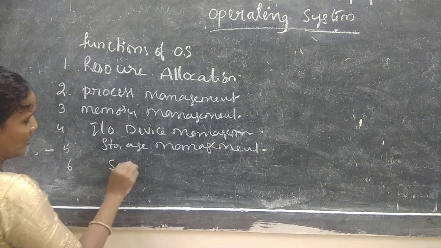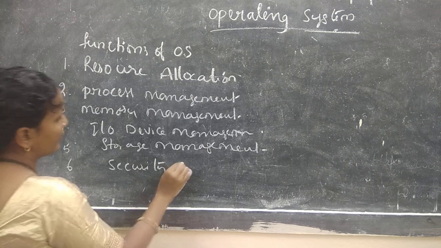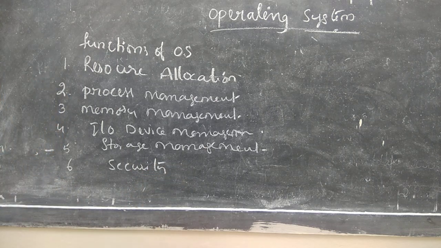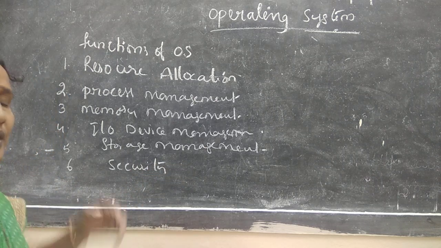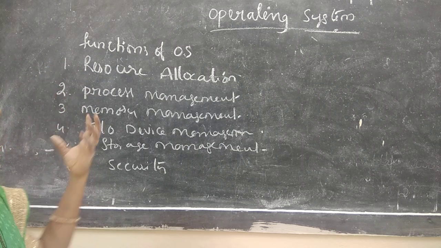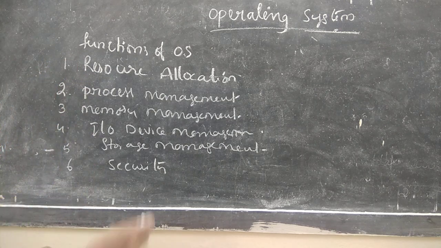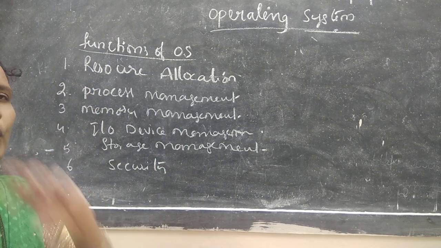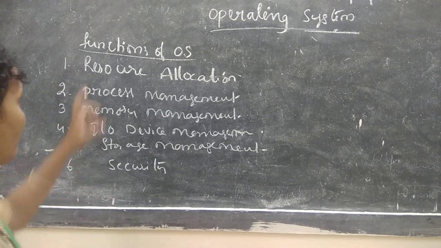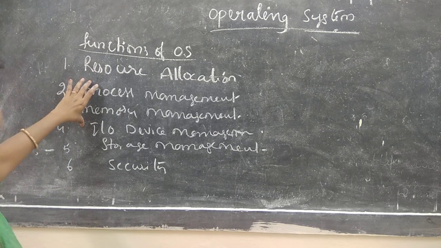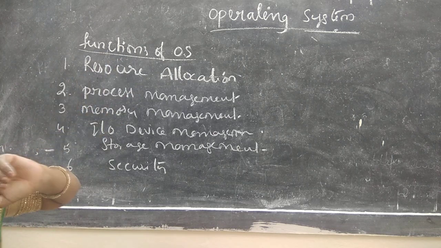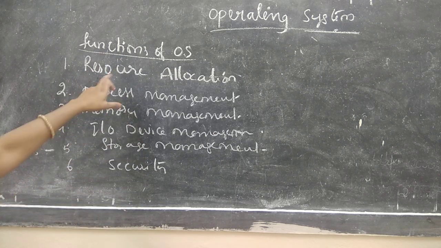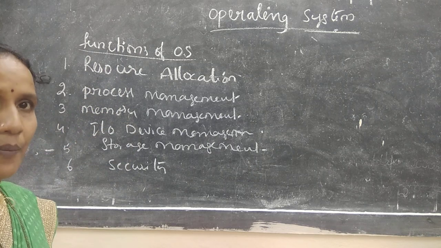Next, security. And you have a number of functions, like file management, file manipulation, everything that will come under the number of functions we have. But here I am listing only the few important functions. You can note down this. These are very, very important, because when you come to a syllabus, each and every point will become a chapter.